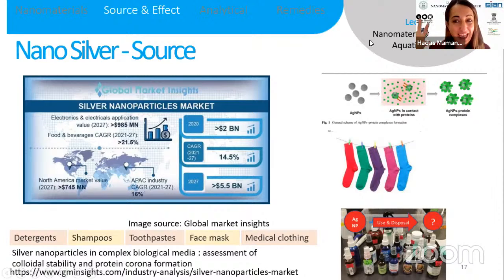All these actually have silver nanoparticles. And again, this impacts the stability of the protein corona formation. And in addition to that, it will only increase because of the demand in the electrical and electronics industry.